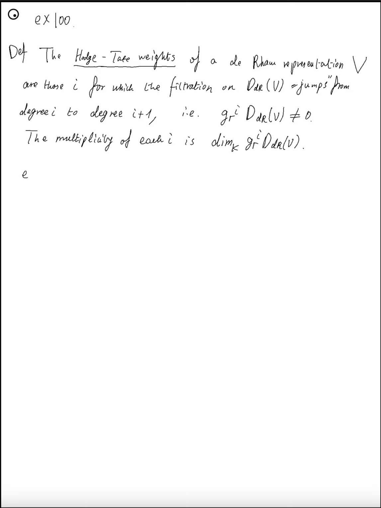So, example. We have this de Rham representation Q_p(n), which is a line with only non-trivial graded piece, graded minus n.